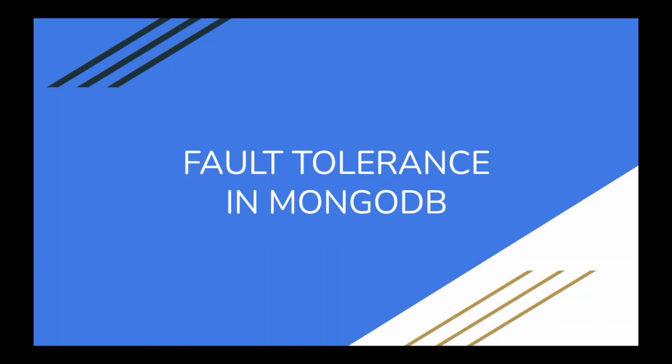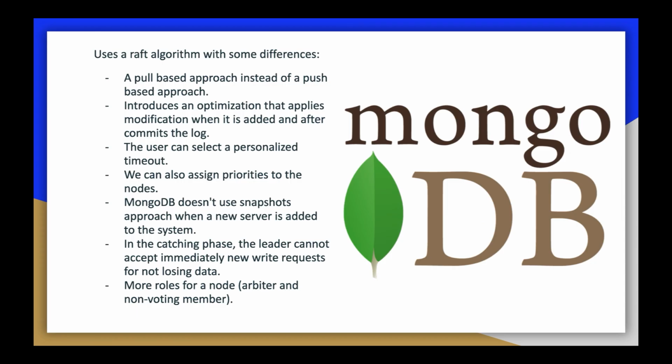The second NoSQL database system is MongoDB. MongoDB is a general-purpose, document-based distributed database. MongoDB also uses a Raft algorithm, but with some important differences. The first difference is that Mongo uses a pull-based approach instead of a push-based approach.